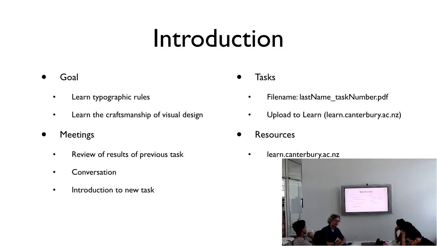Because it's not a science, there's no textbook that you can look up where it's written how it's done, right? So the only way to learn it is to do it. You actually have to sit down and design things, and when you do it, you get better at it.